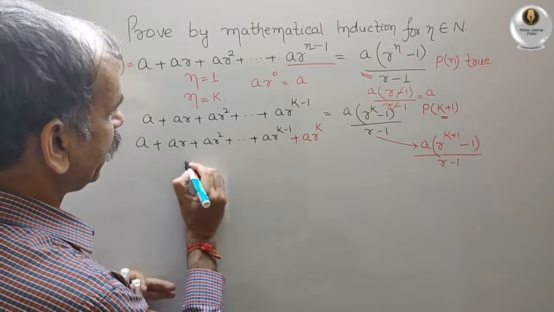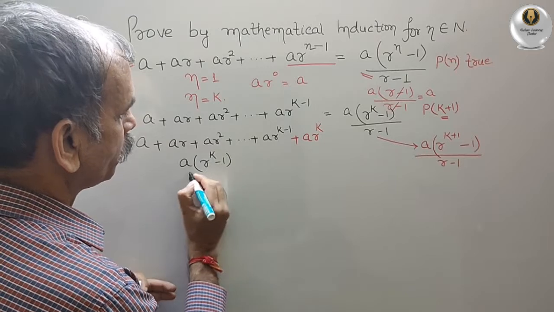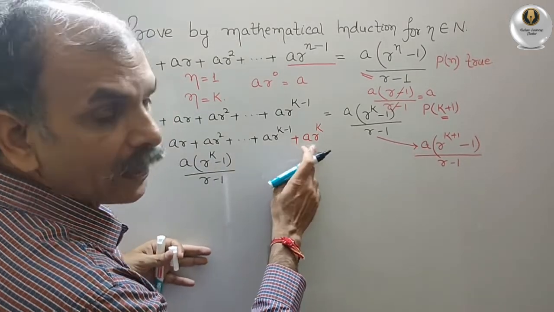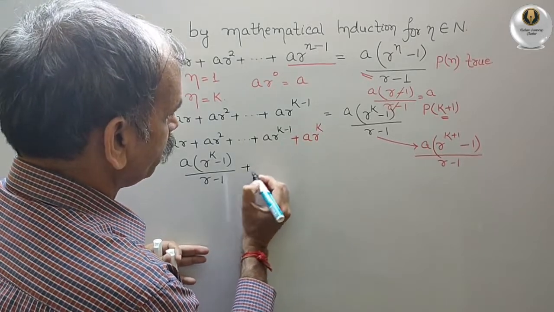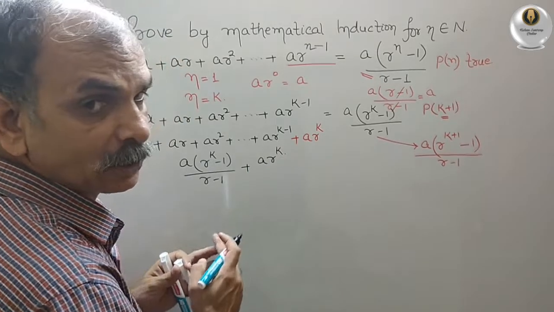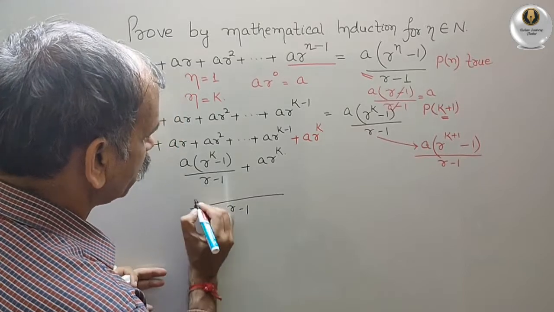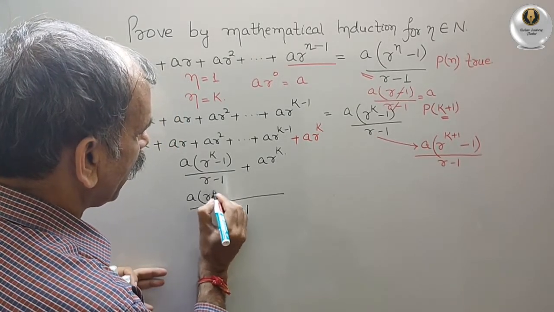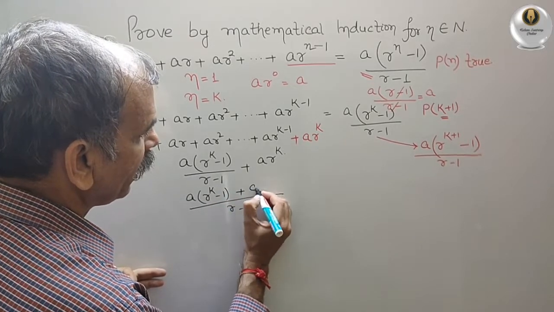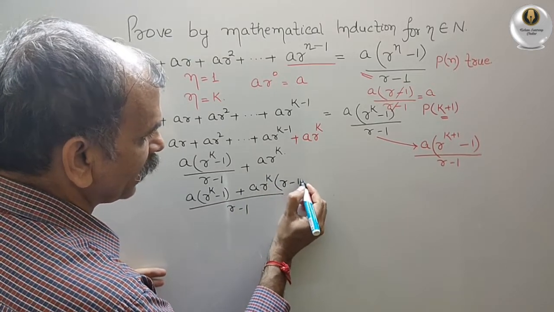So here you will get a (r^k minus 1) by r minus 1. And here comes a r^k. Now take the LCM. So LCM is r minus 1. Here comes a (r^k minus 1) plus a r^k into (r minus 1).